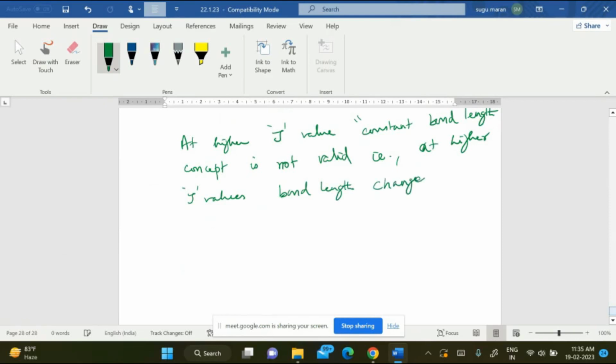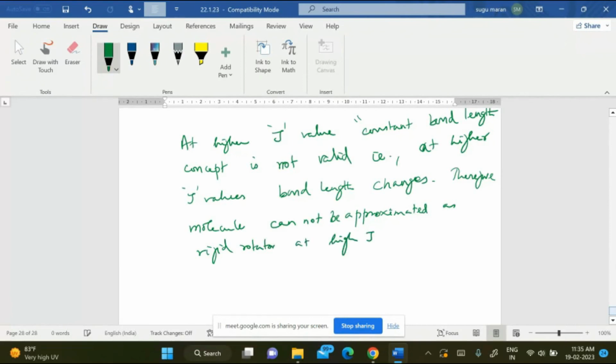So therefore, the molecule cannot be approximated as a rigid rotator at higher J values.